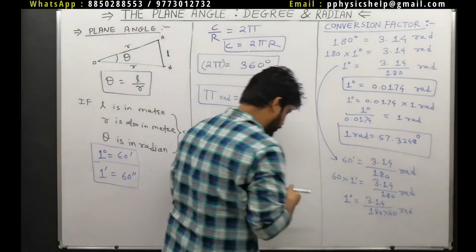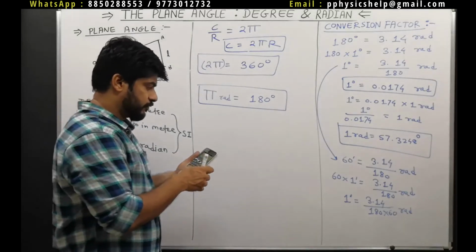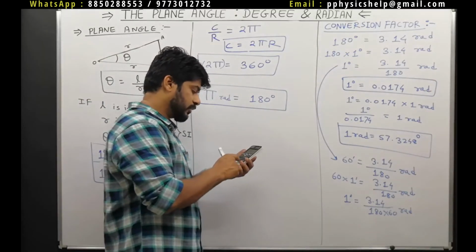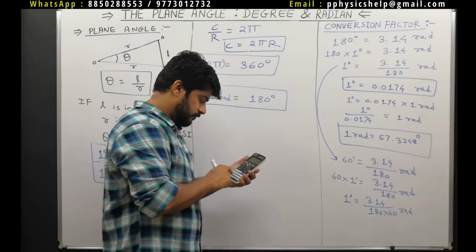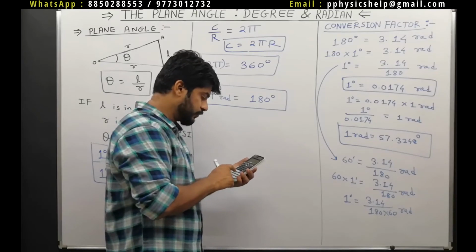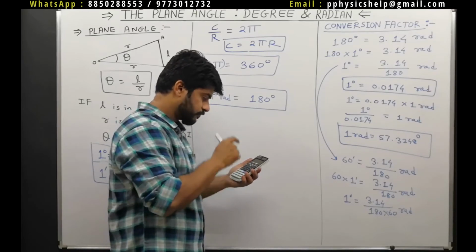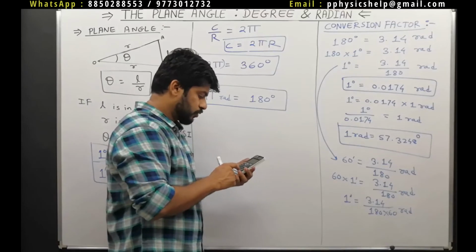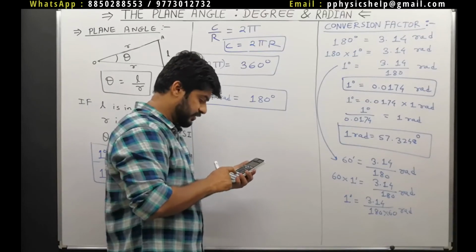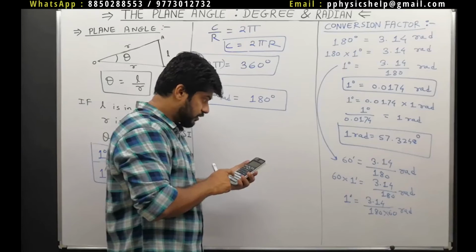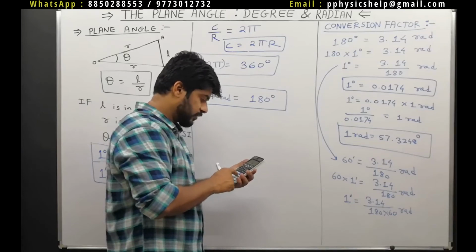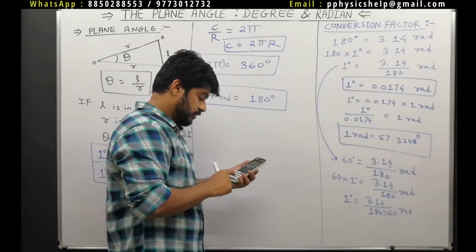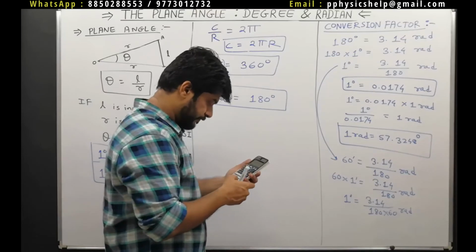So let's calculate what number we are going to get from this. It is 3.14 divided by 180 into 60. Okay, I pressed some other numbers, I guess.